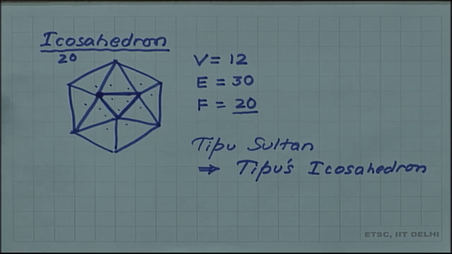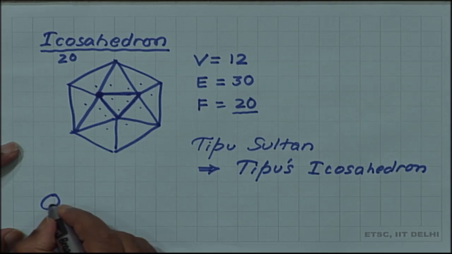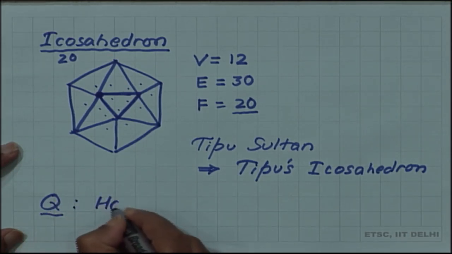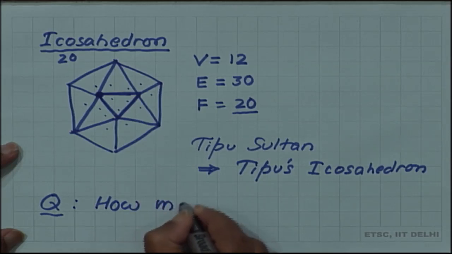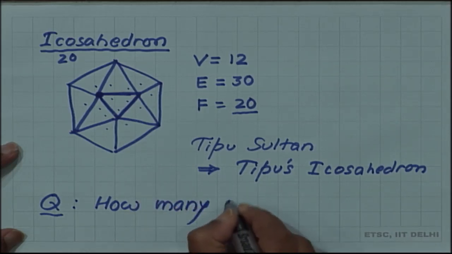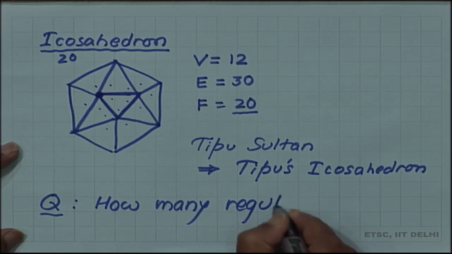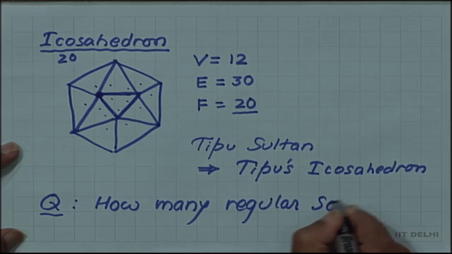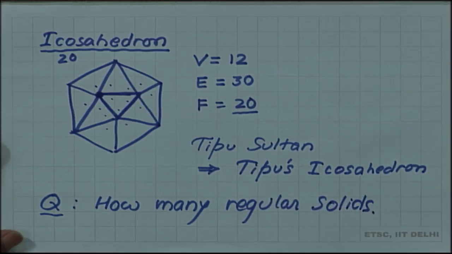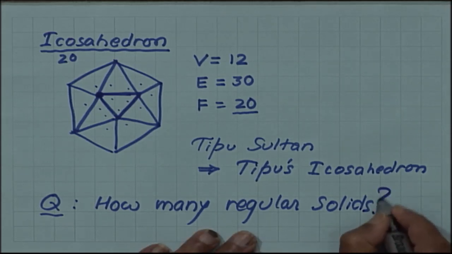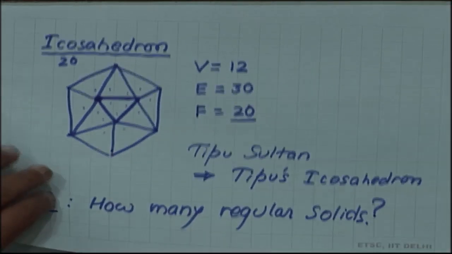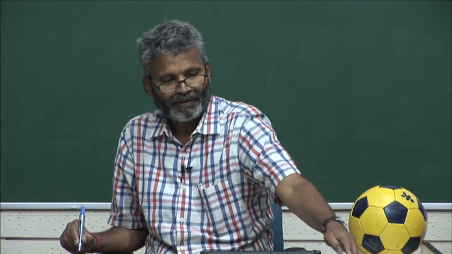So, we have these 4 examples of solids which are regular. The question now again is how many regular solids are there? 4 examples we have seen. Can we continue?